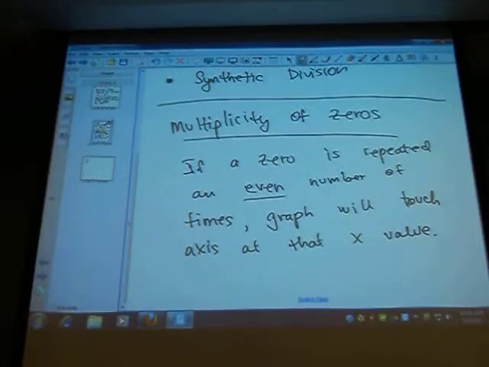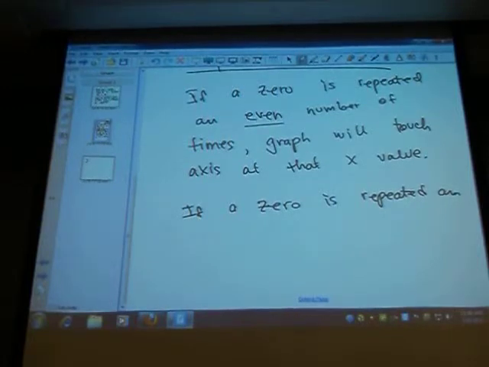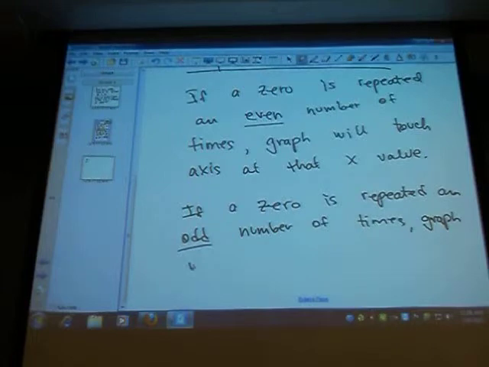Okay, if your 0 is repeated an even number of times, you'll touch the axis at that point. If it's repeated an odd number of times, the graph will cross the axis at that x value.